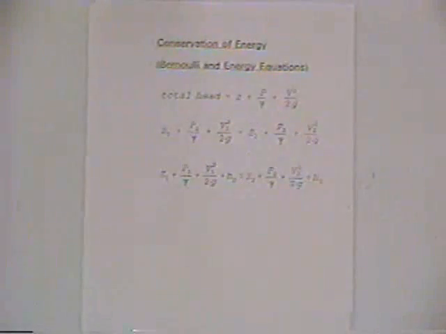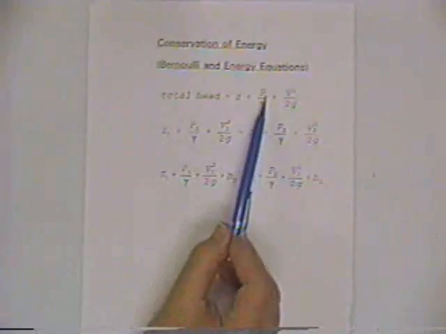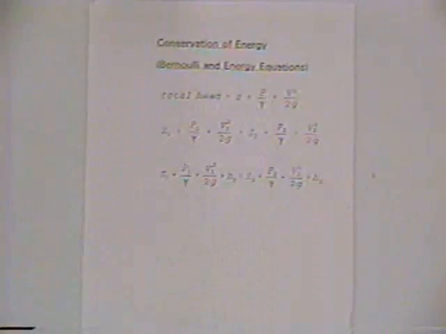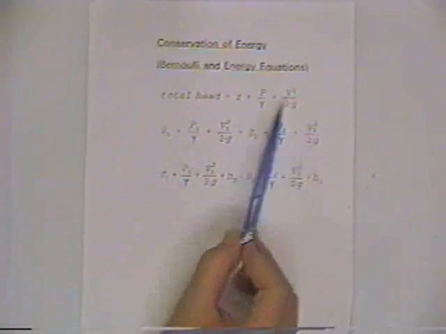And then there'll be a pressure exerted on that element of the fluid, and the pressure head is the pressure divided by the unit weight of the fluid, and that goes back to the equation that we worked with in fluid statics, same concept as fluid statics. And then a velocity head, there's kinetic energy, and the velocity head is v squared over 2g. And so that's the total head.